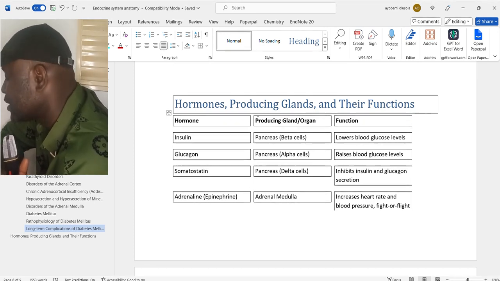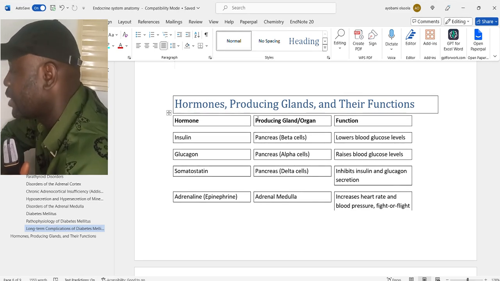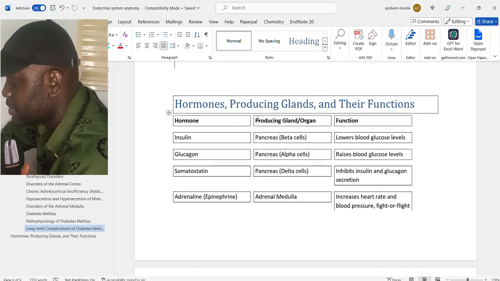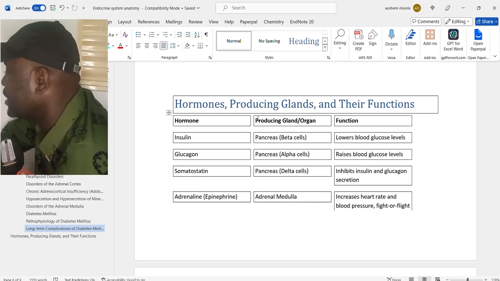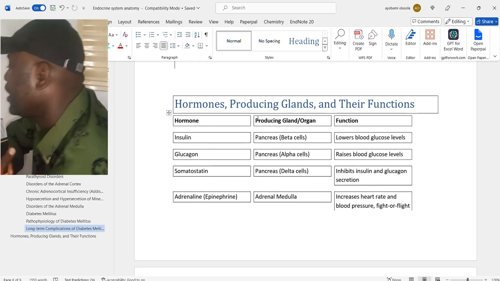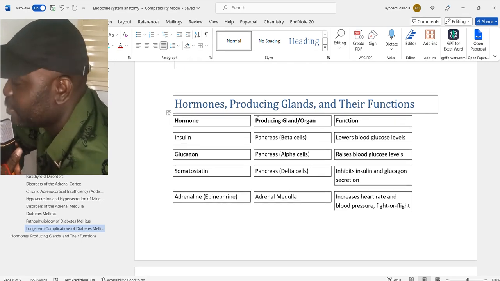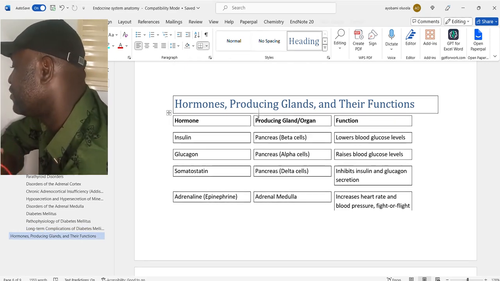Somatostatin is produced by the delta cells of the pancreas, and what it does is to inhibit insulin and glucagon secretion. Adrenaline, also known as epinephrine, is produced by the adrenal medulla, and it increases heart rate and blood pressure. It also prepares the body for fight, flight, or fright.